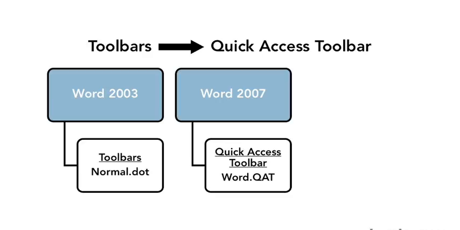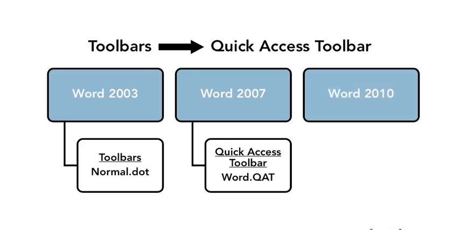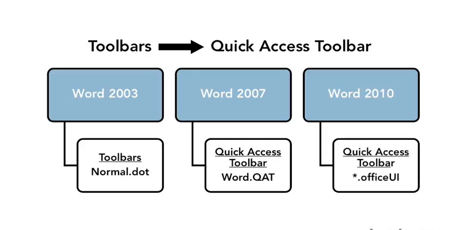Speaking of the Quick Access toolbar, the file it's saved in is different between Word 2007 and 2010. In Word 2007, the Quick Access Toolbar is saved in a file called word.qat for Quick Access Toolbar. In Word 2010, it's stored in office.ui. In Word 2010, Microsoft returns the ability to customize the ribbon, but you cannot create a special Quick Access Toolbar or ribbons for specific templates.